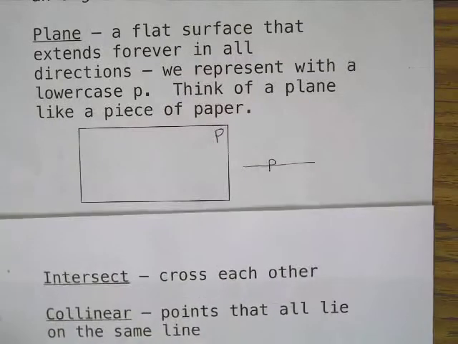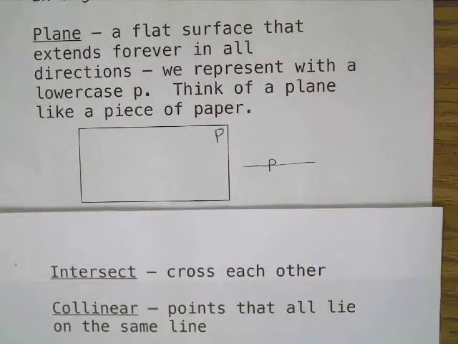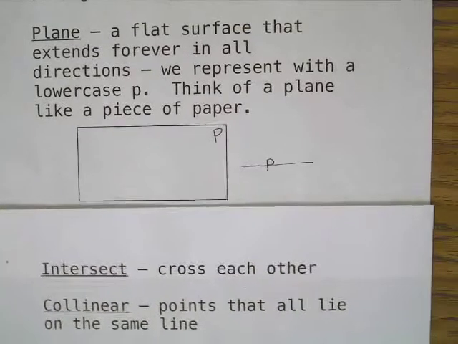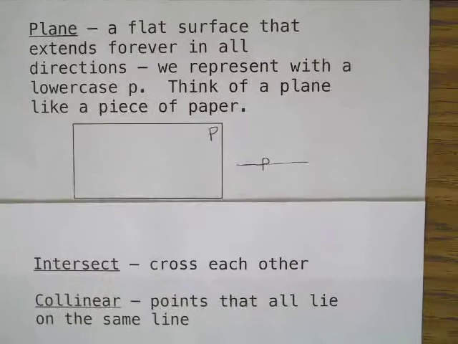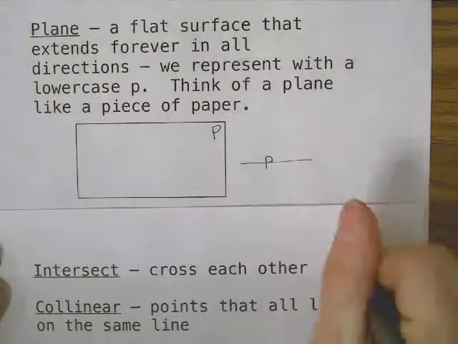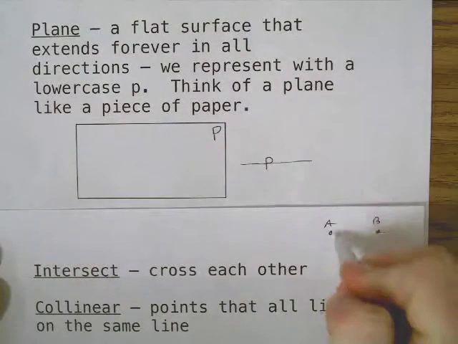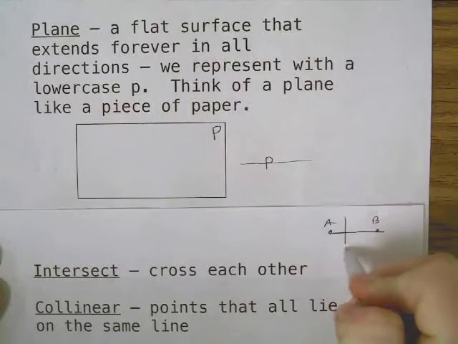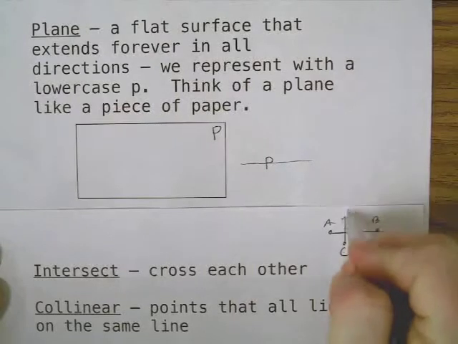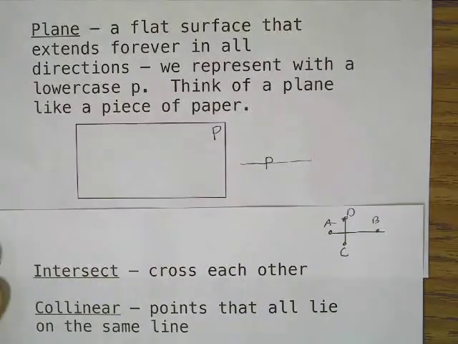All right, some other vocabulary words you need to know. Intersect is when they cross each other. So if two line segments cross each other, an example would look like this. These line segments intersect, okay?